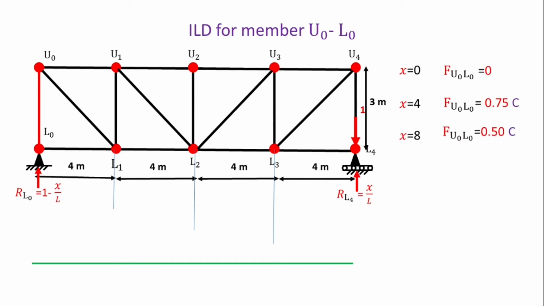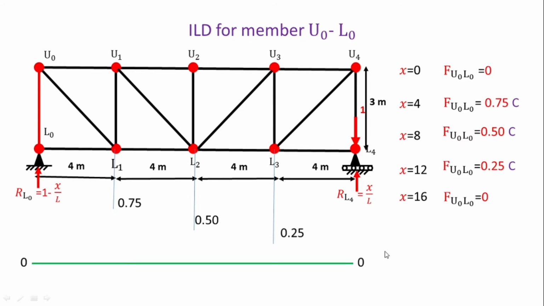When x equal to 8, ordinate is 0.5, again compressive. X equal to 12, ordinate is 0.25, again compression. And finally at x equal to 16 the ordinate is 0. So it is 0, then here 0.75, 0.5, 0.25 and 0.